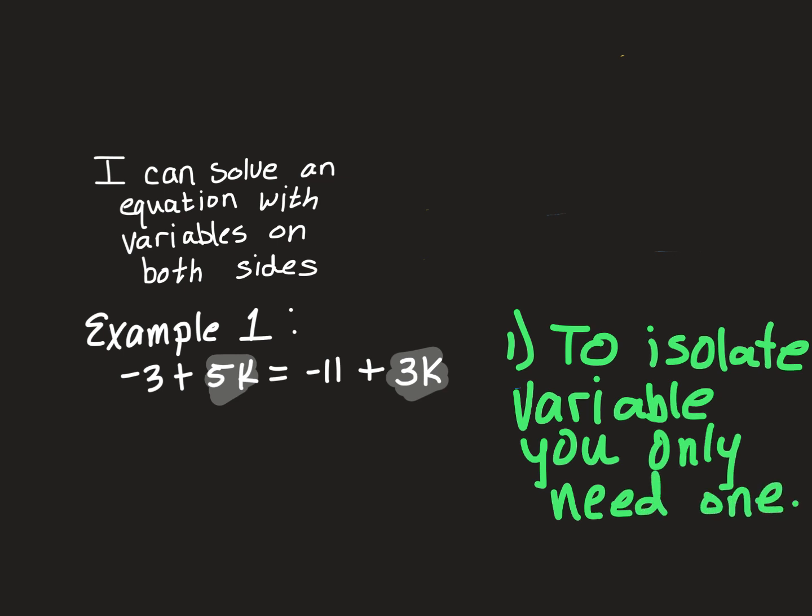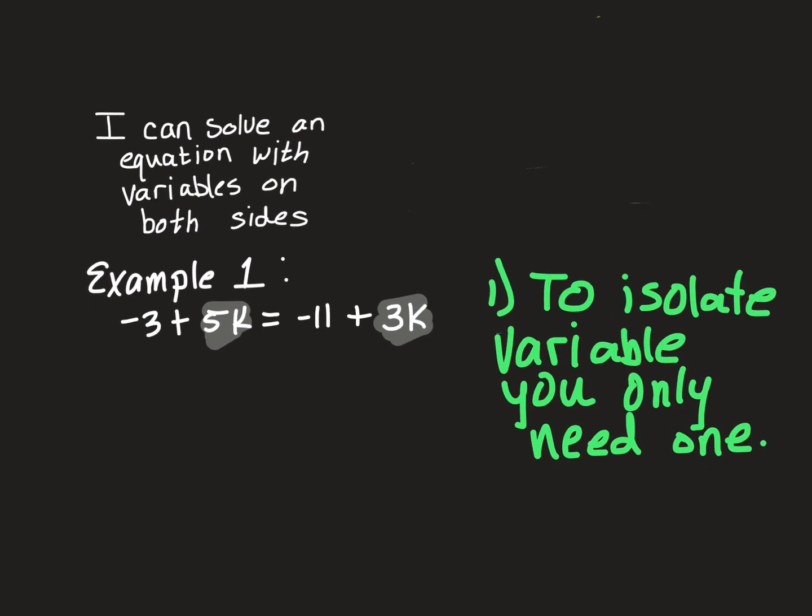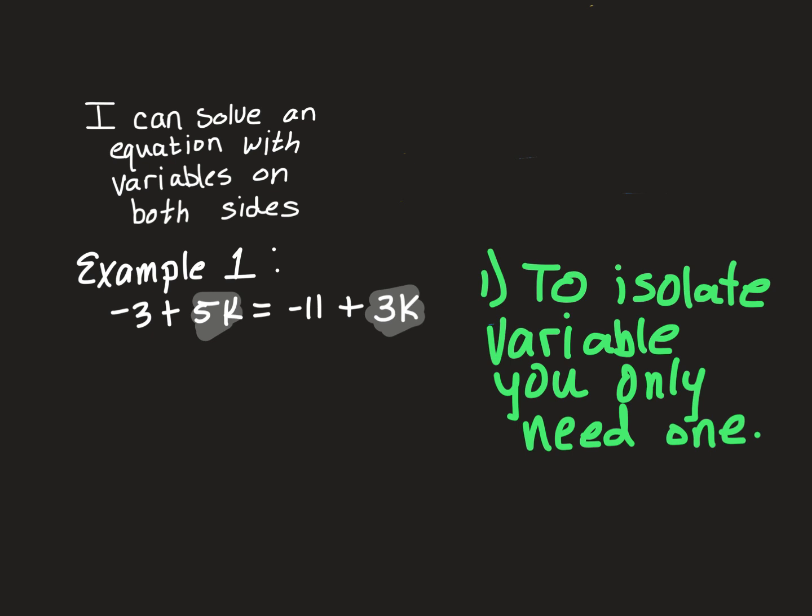So first thing you need to know to isolate it, you just need one. Right now, we have 2. We don't have just one. But the goal to getting a variable by itself is that there should only be one. Our problem right now is that we have 2 of them, right? So to isolate it, you need only one.